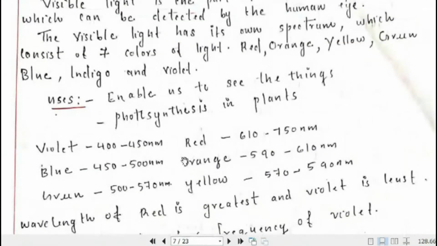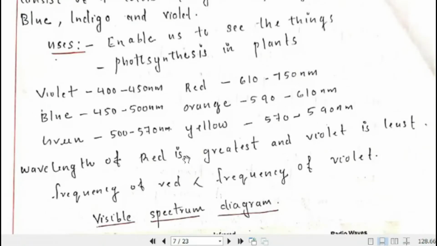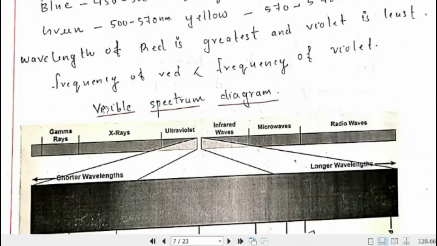Visible lights enable us to see the things, and they are also useful for photosynthesis in plants. All the waves are having different ranges of wavelength. It is mentioned from violet to red. Red is having the highest wavelength as we already know, and violet is having less wavelength compared to other waves.